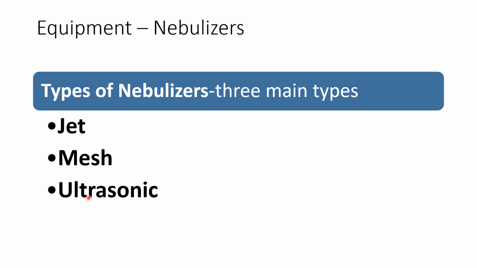In the ultrasonic nebulizer, high frequency vibration turns the medicine into aerosol droplets, and the size of the droplets tends to be a bit larger compared to the jet and mesh, and it is also a little bit costlier compared to the jet and mesh nebulizer.